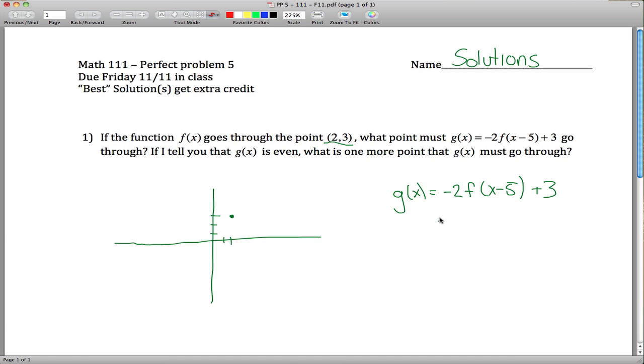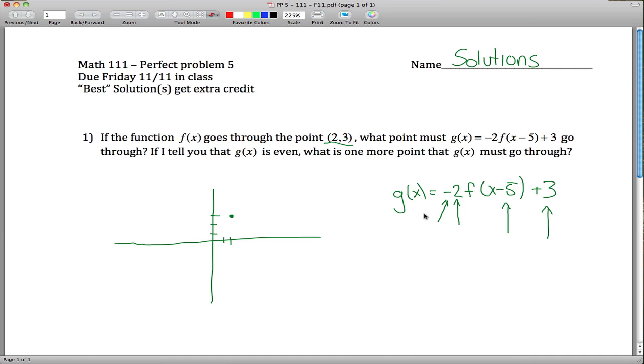There's 4 transformations here, and if we can identify what each of them do and the proper order to do them in, we can think about where each transformation would take this point, and wherever we end up will be a point on g of x.